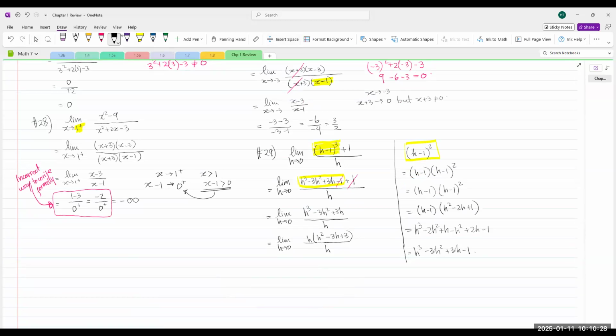So we cannot just plug it in. We need to simplify first. When we cancel the h, we now have h squared minus 3h plus 3, which is a polynomial of h. And a polynomial is a continuous function, continuous everywhere. Then at this time, we can plug in h equals 0.